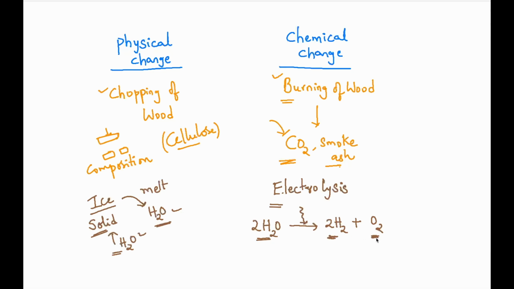Now, this becomes a chemical change because water is no longer water. It has broken down to give two new molecules, which are hydrogen and oxygen. So, melting of ice is a physical change, but breaking down of water to form two new molecules is an example of a chemical change.